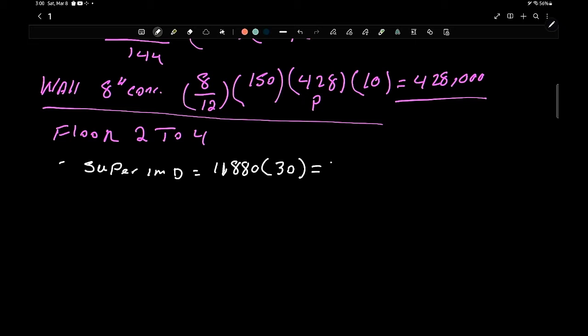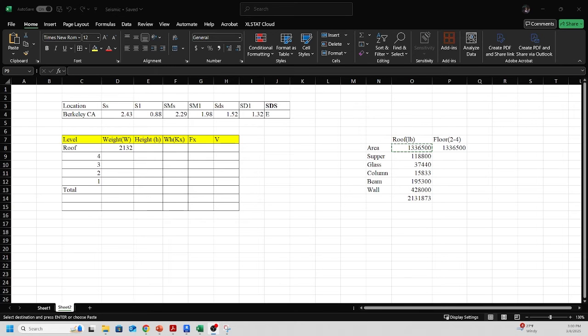That gave us 356,400. Let's put that in there. Go back to the Excel. So that became 356,400. Next, the glass is going to be the same.